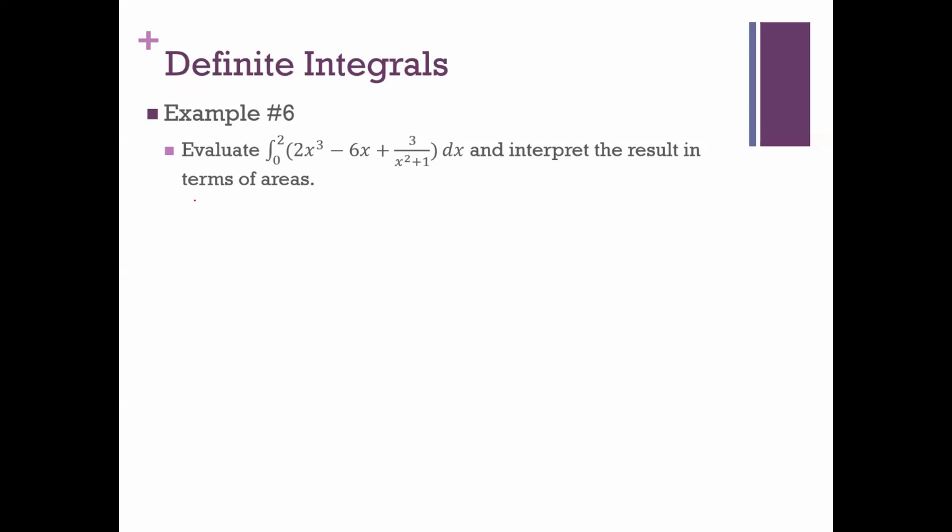Let's do it. So our function is this thing here. What's the antiderivative of 2x cubed? One half x to the fourth. How about 6x, from our negative 6x? Negative 3x squared.